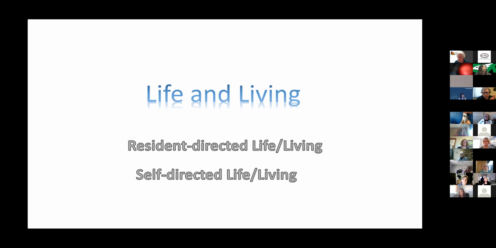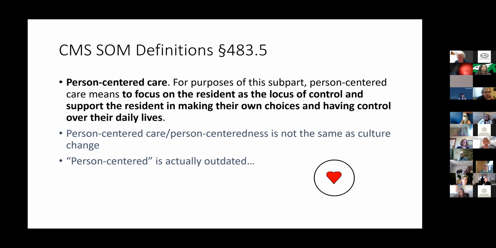Next slide, please. Notice in our work here, everyone, there's a really strong definition of person-centered care that CMS put forth in 2016 with the revision of their requirements for participation. I want to show it to you. Person-centered care means to focus on the resident as the locus of control and to support the resident in making their own choices and having control over their daily lives.